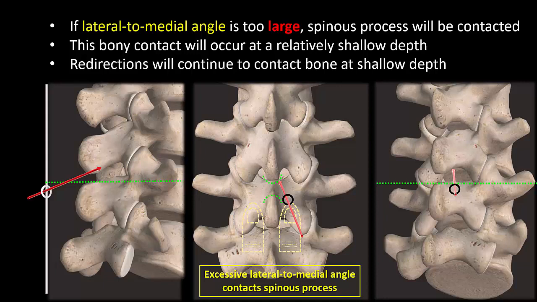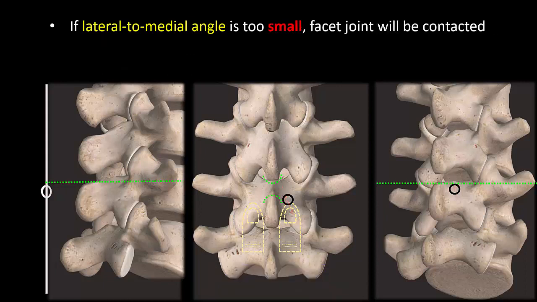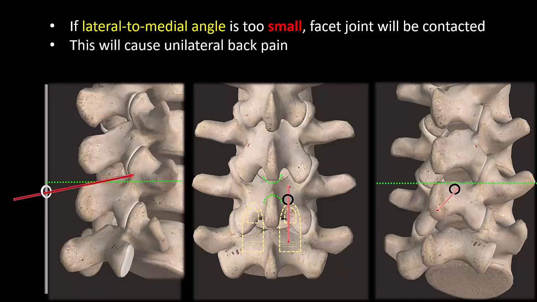This will set the limit for lateral to medial angulation, which should then not be exceeded. If the lateral to medial angle is too small, the needle may contact the facet joint rather than the lamina. This is signaled by bony contact that causes unilateral back pain.